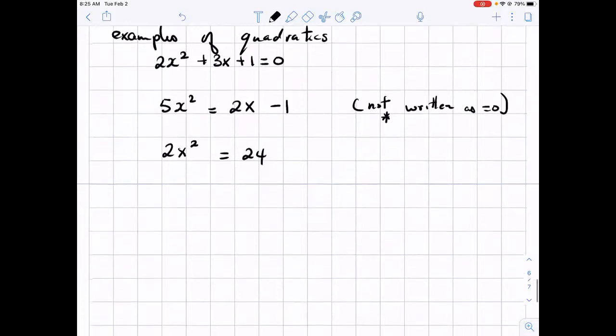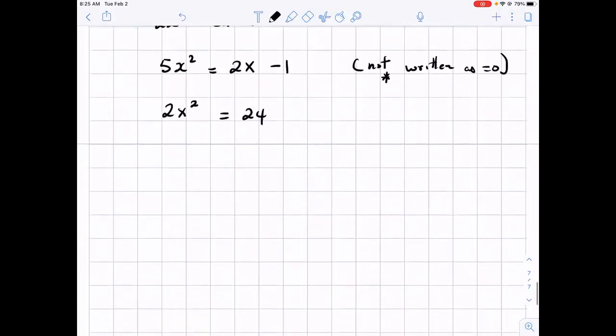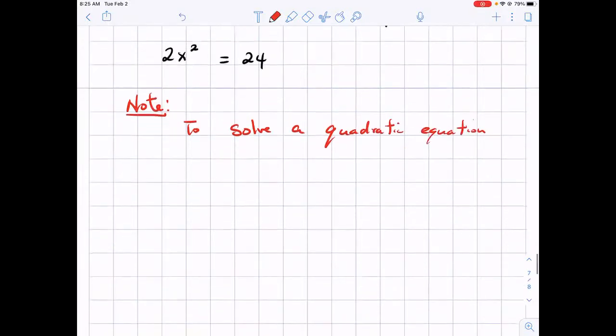Now it is very important to note, okay? So please note, to solve a quadratic equation, the equation must be equal to 0.